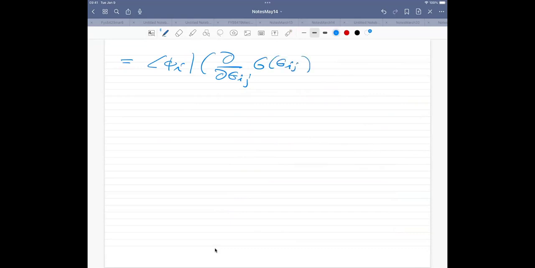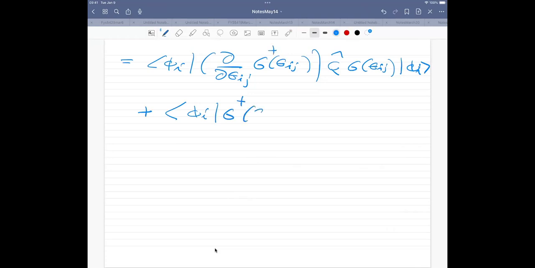And this acts on this operator Q. And then I have my g of theta ij and phi of I plus, and then I have my phi of I, or my g. So this should be this quantity here. Hopefully I'm writing this off correctly, multiplied with this operator Q, and then I have my derivative of d of d theta ij of g of theta ij and phi of I.